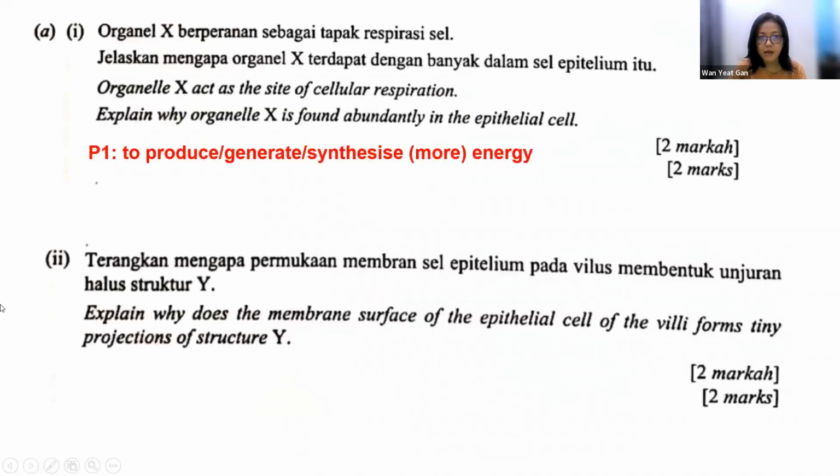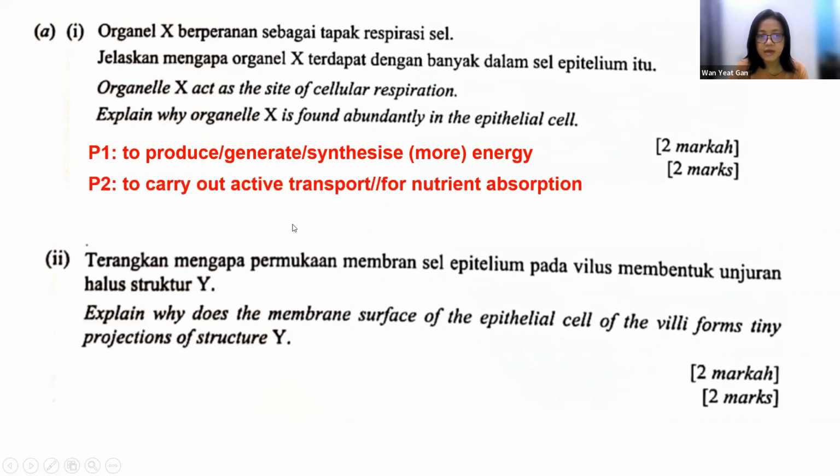Organelle X is mitochondria, and mitochondria generate more energy to carry out active transport for nutrient absorption. Because this is a villus, and villus is involved in the absorption of nutrients, absorption of nutrients requires a lot of energy. So that's why there are a lot of mitochondria.